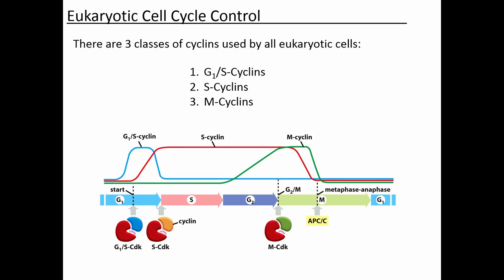Then right around this point, a different type of cyclin gets synthesized. It binds to a CDK and activates that CDK. Again, they're called cyclins because they go through a cycle of synthesis and destruction, and they end up activating cyclin-dependent kinases, and then the cyclin-dependent kinases activate certain things that occur during the cell cycle.